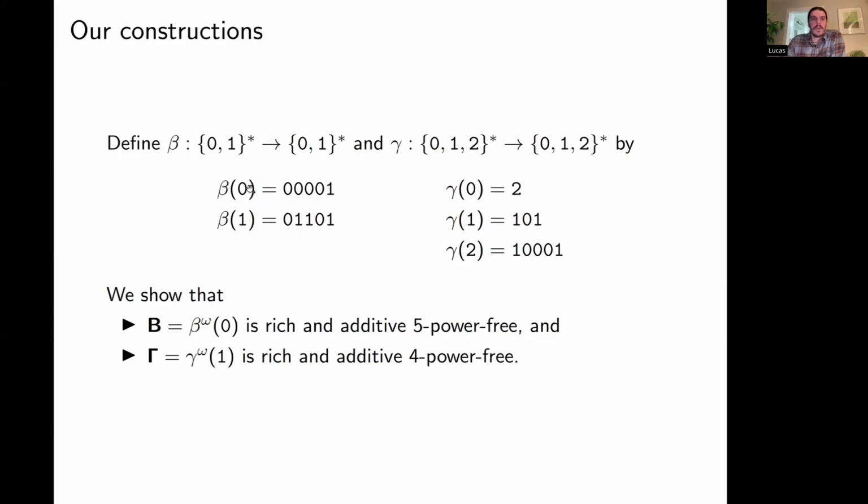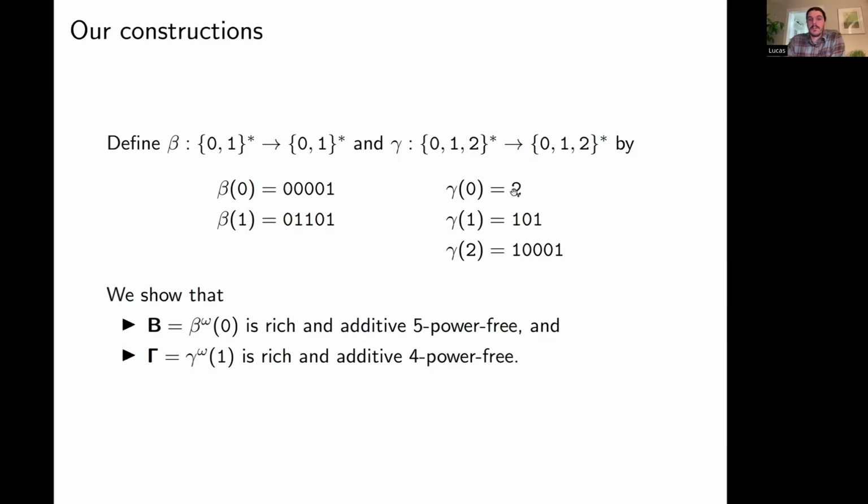For beta, the length of beta 0 and beta 1 is both 5, which is 5 plus 0 times the letter. The sum for beta 0 is 1, and for beta 1 the sum is 3, so the sum is 1 plus 2x, where x is the letter. It's a similar thing for gamma.